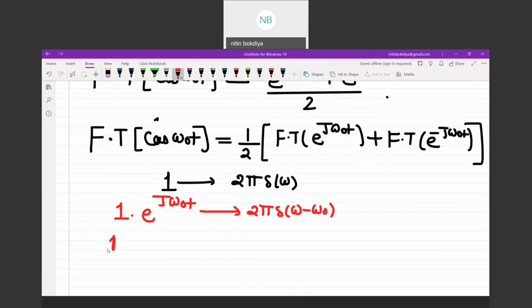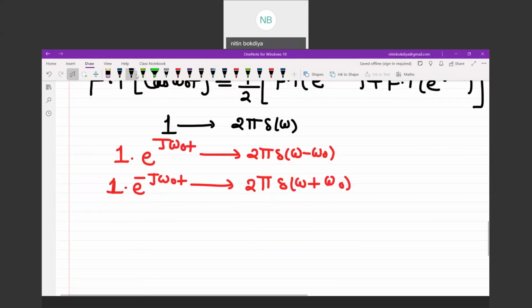Likewise, 1 into e to the power minus j omega naught t can be written as 2 pi del of omega plus omega naught. So when we add these two functions, I will get the Fourier transform of cos omega naught t.